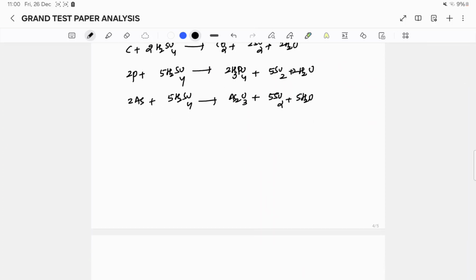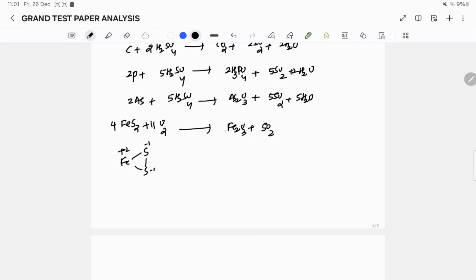Now the fourth one, student: FeS2 reacted with O2. In this iron compound, Fe will be plus 2 and S minus 1. This FeS2 reacted with oxygen will give iron oxide as well as sulfur dioxide as the possible product.